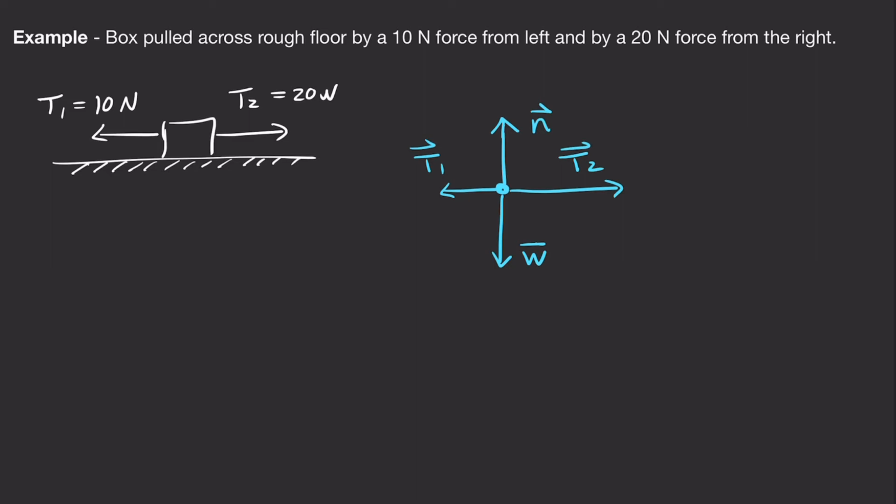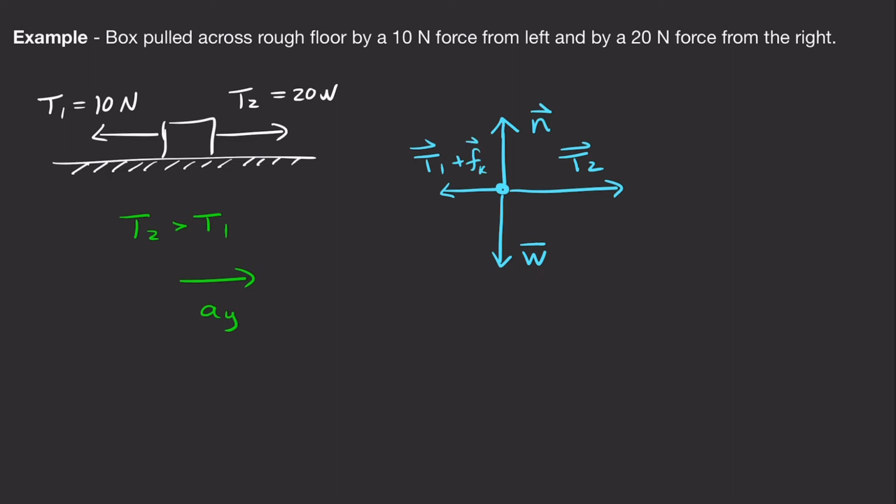And then because it's a rough floor, it's going to have friction. So I need to figure out which direction it's going to move. Well, since T2 is bigger than T1, it's likely going to accelerate to the right. If it accelerates to the right, that means friction is going to be acting to the left.